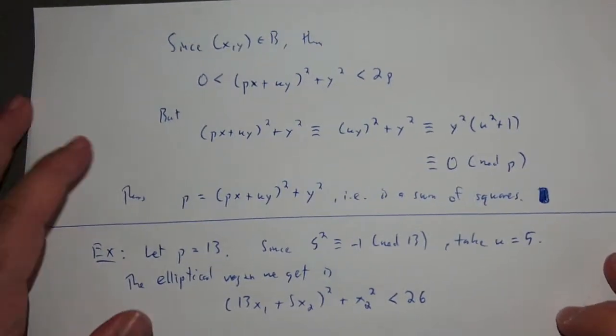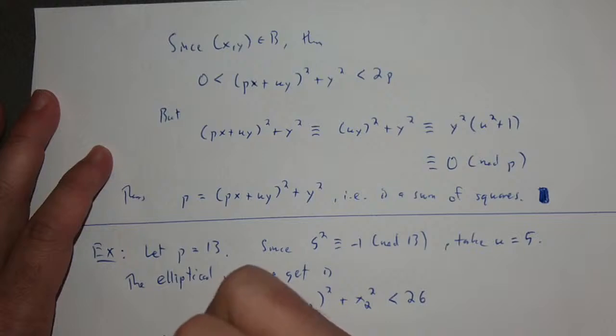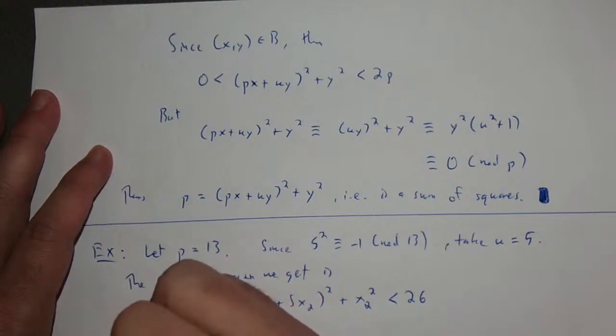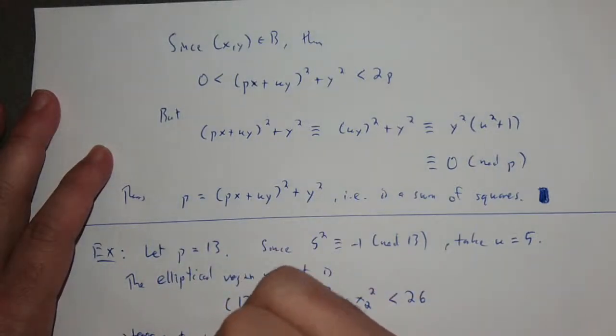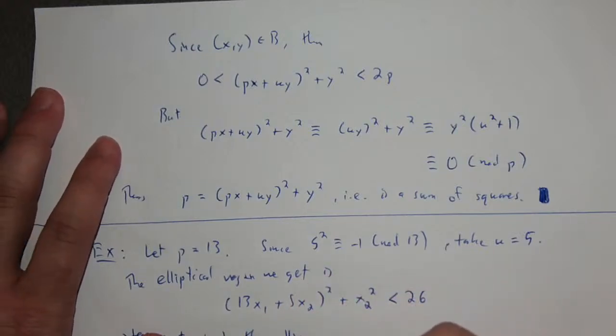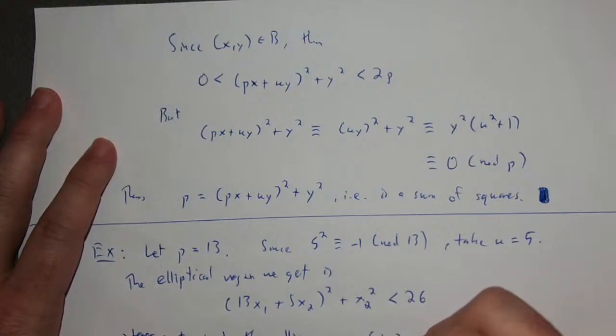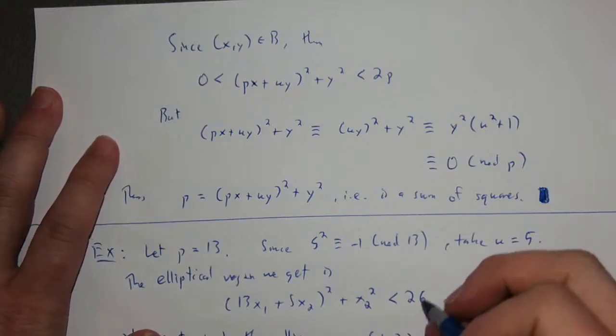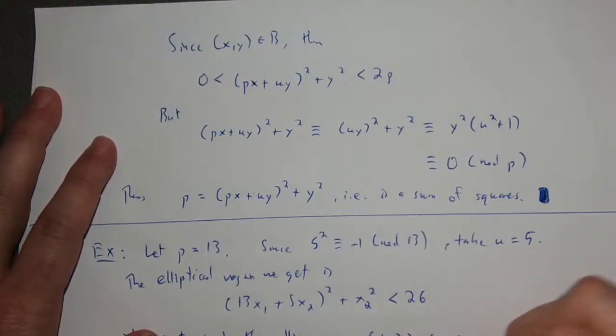So the points I get, integer points inside the ellipse, are minus 1, 2, minus 1, 3, 1, minus 2, and 1, 3.